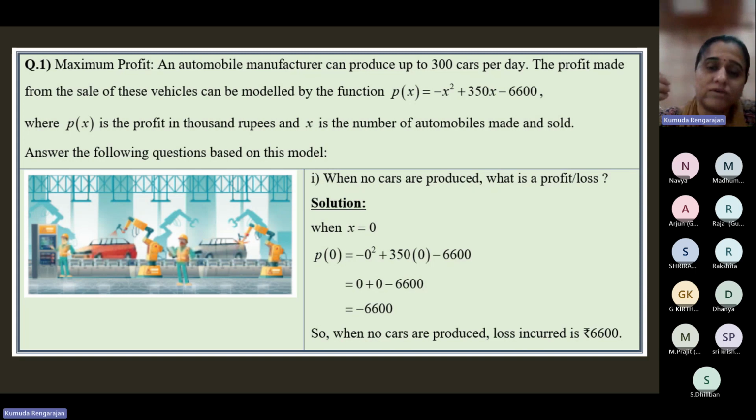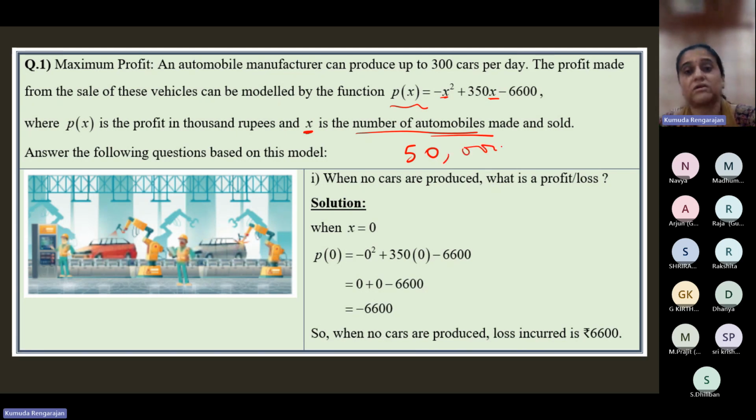When you give different values of x in this polynomial, you get some value, right? That is the profit made in 1,000 rupees. If you get the answer as 50, it is 50,000. When x is the number of automobiles manufactured, you give some value of x and find P of x; supposing you get 50, add 3 zeros, because 1,000 is 3 zeros.